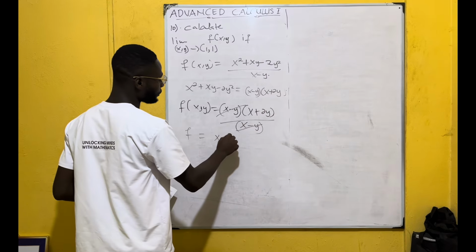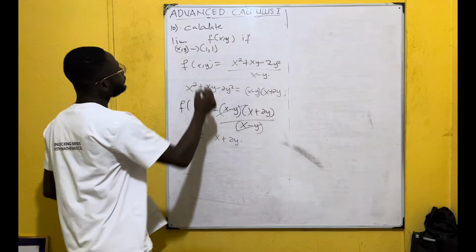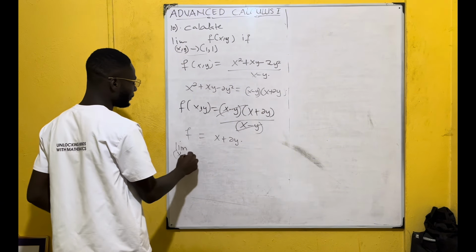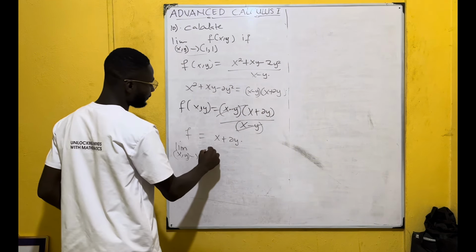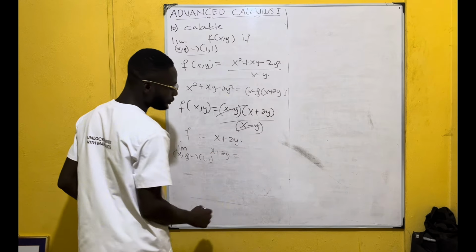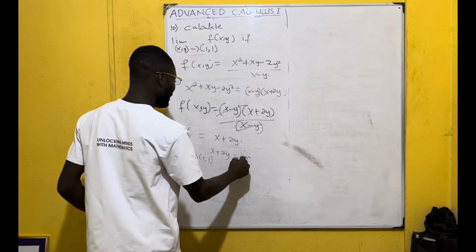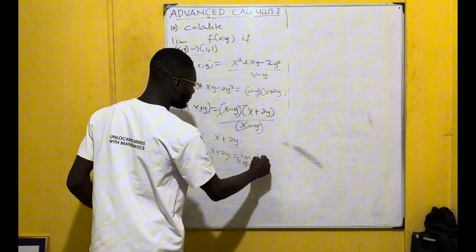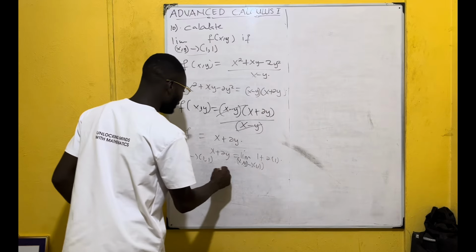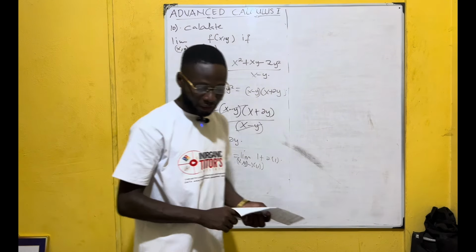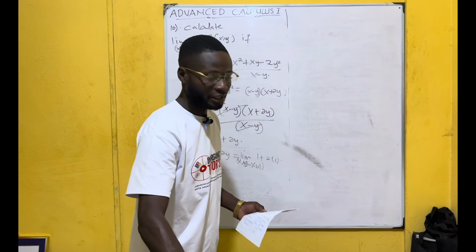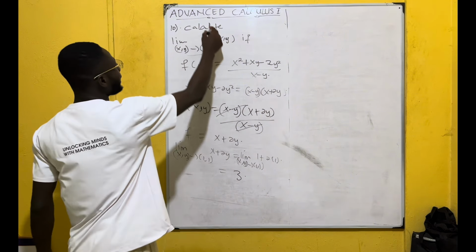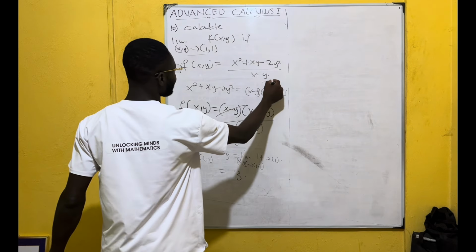So we apply the limit as x and y approach 1 of x plus 2y, which is 1 plus 2 of 1, which is 1 plus 2, and that is basically 3. So the limit for this particular problem is 3.